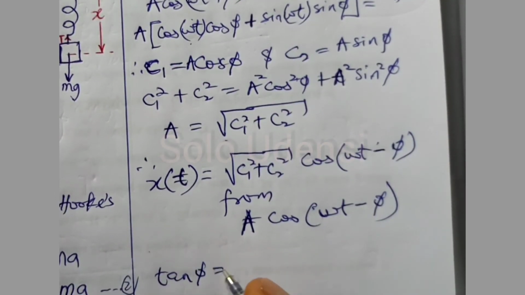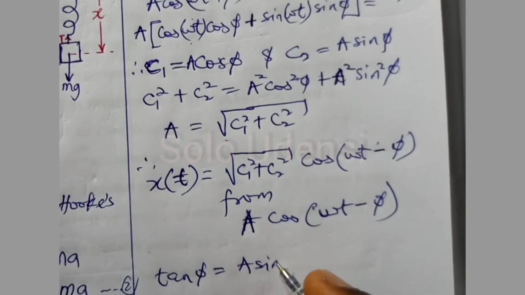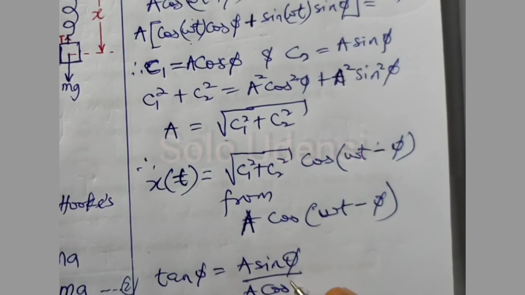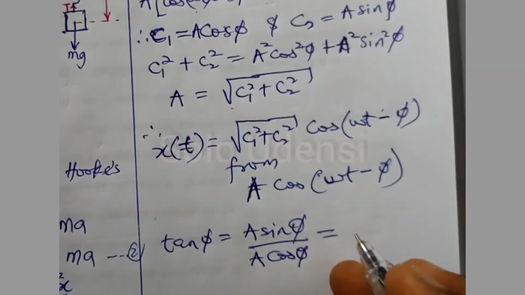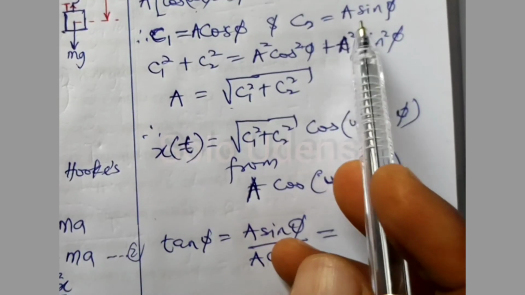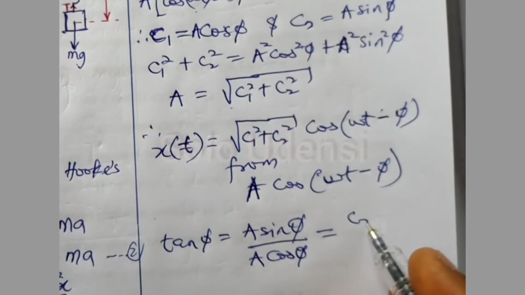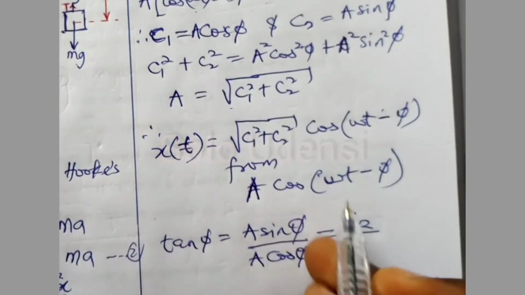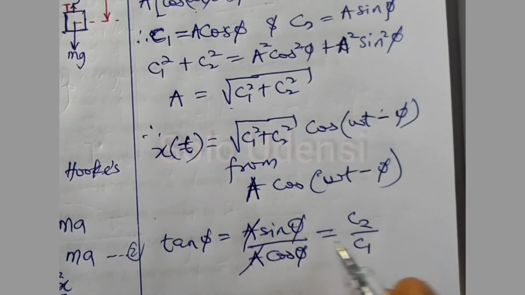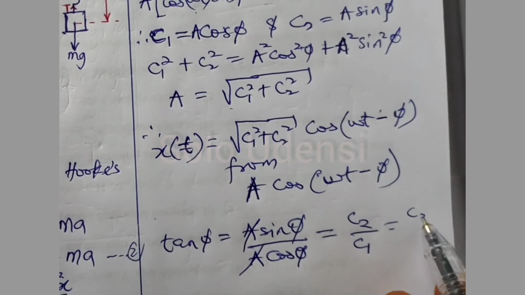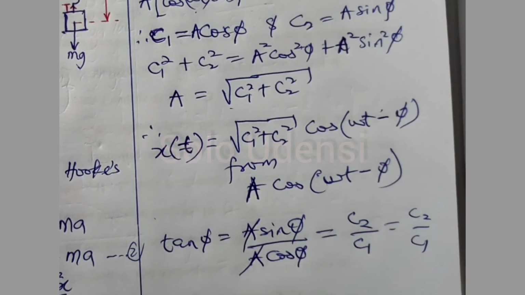Tan phi will be a sine phi over a cos phi, and a sine phi is c2, and a cos phi is c1. So you have that tan phi is just the constant c2 over c1.